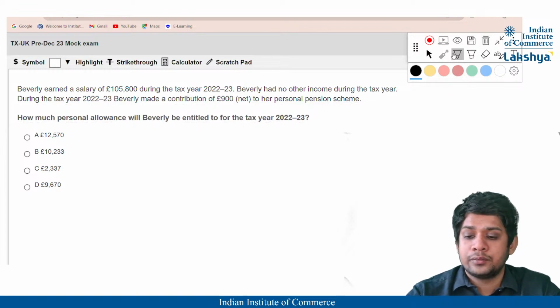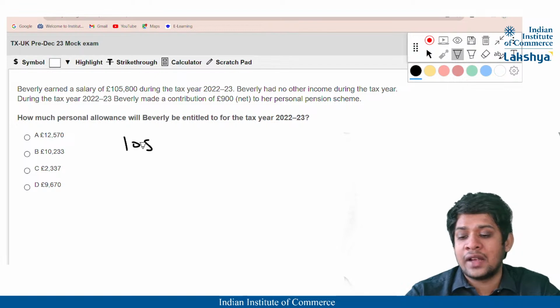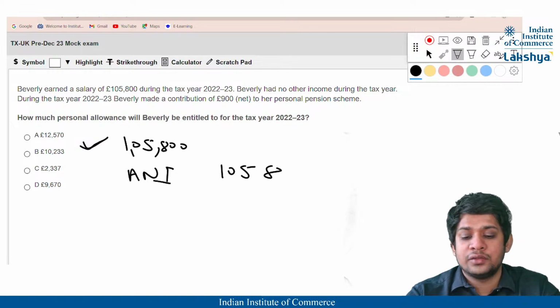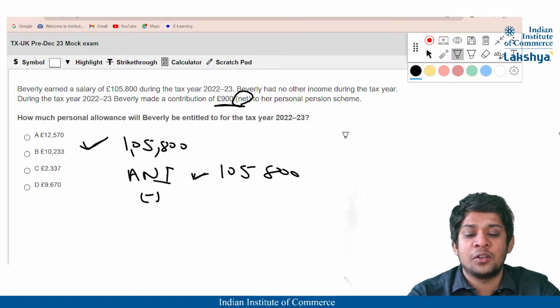So here, her income is 105,800. It is exceeding 100,000. Whenever it exceeds 100,000, your personal allowance is reduced. So you have to calculate firstly the adjusted net income. What is the adjusted net income? It is your net income, which is 105,800, minus any personal pension contributions or any gift aid contributions that you've made. Here you've made a personal pension contribution of 900, but that is net, the amount that you've paid.